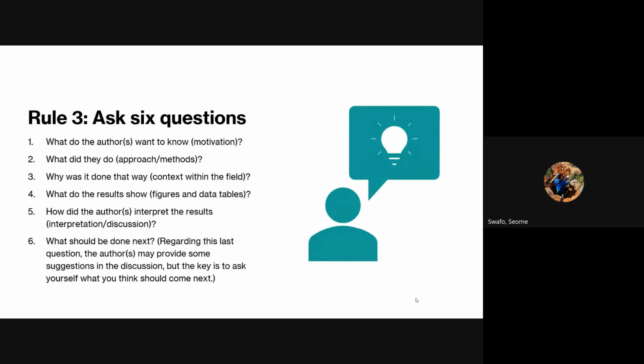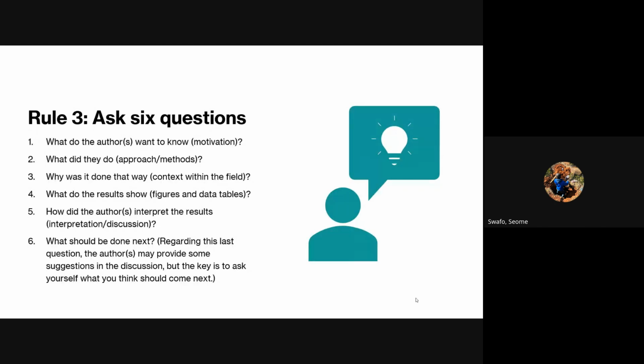In asking yourself these questions, what you first need to know is who the authors are, and what do the authors want to know? What is actually the motivation of this type of work? Sometimes they will tell you that maybe there's a knowledge gap, or that they are missing things that motivated them to do this type of work.